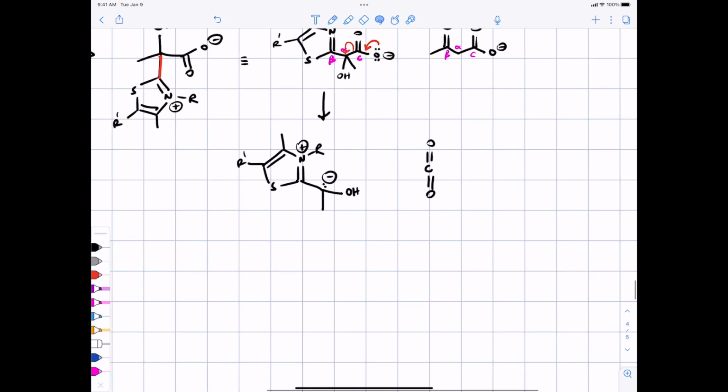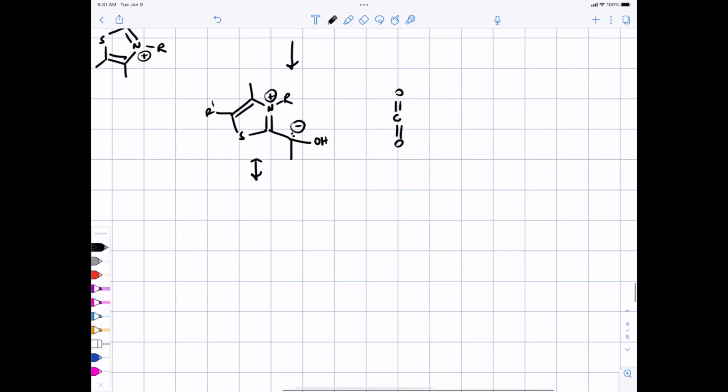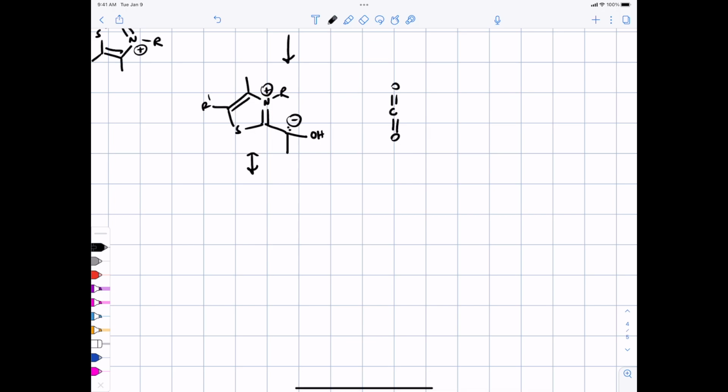All right, what do you notice about that leaving group? Resonance stabilized, right? It's basically an enolate. We could draw that in a couple of different ways.